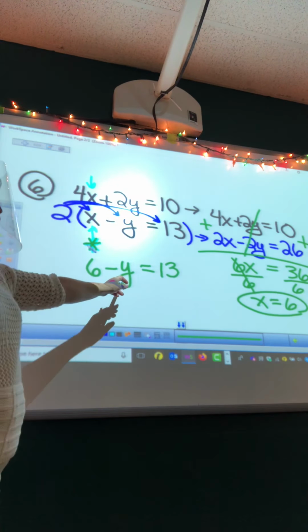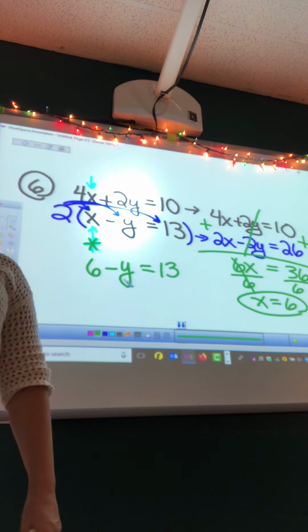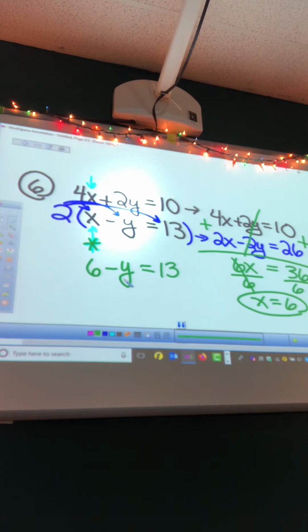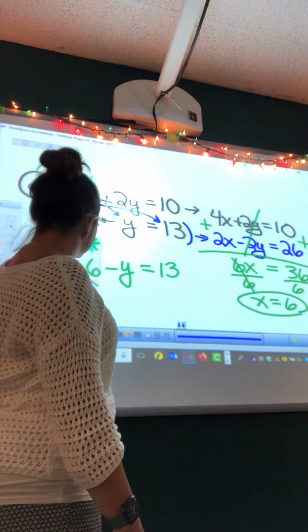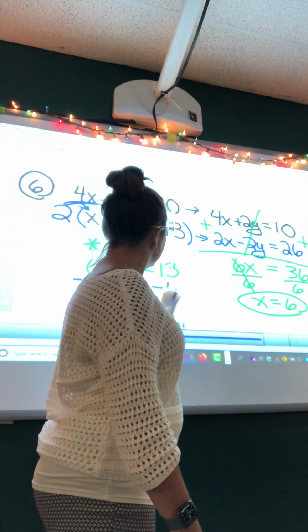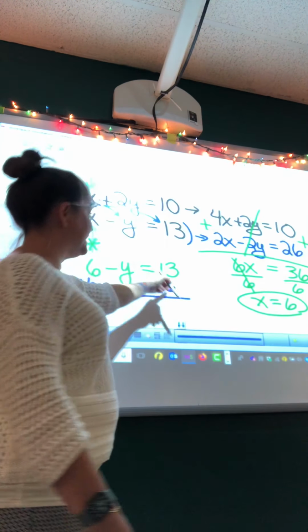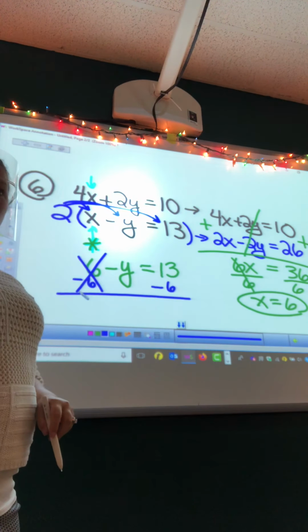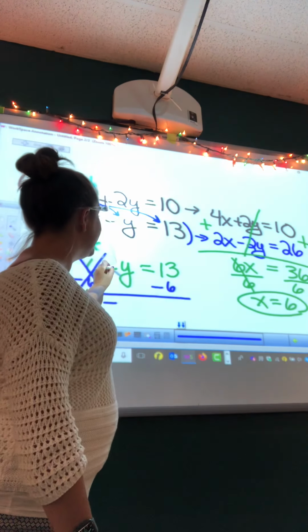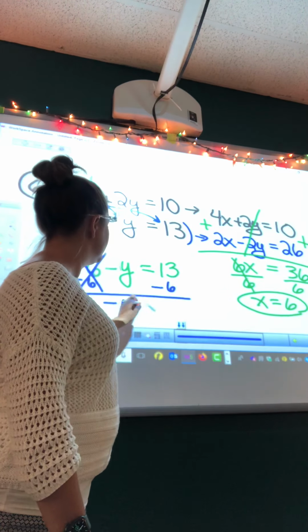We're trying to solve for y now, so what do we need to do? Sure. Subtract 6. What I do to one side, I have to do to the other. Positive 6 and negative 6 go away. I still have that negative with the y, though.